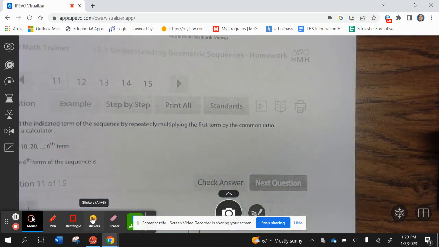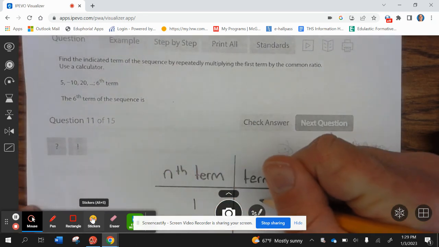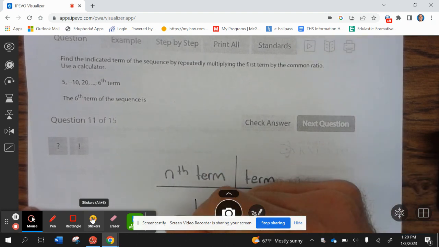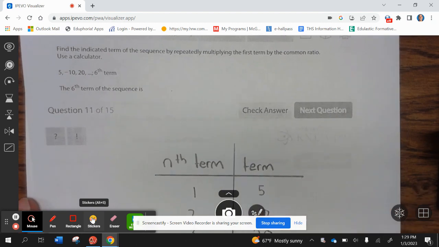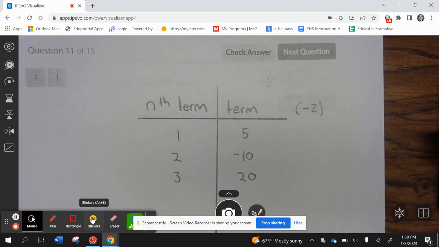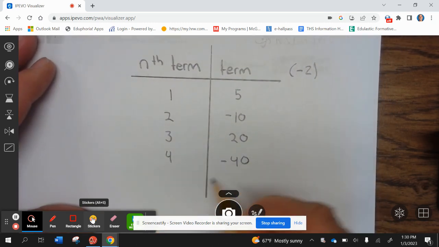Find the indicated term of the sequence by repeatedly multiplying the first term by the common ratio. Use a calculator. All right, so first term is 5, second term is negative 10, third term is 20. This one's easy. We're just multiplying by negative 2. So fourth term is negative 40.